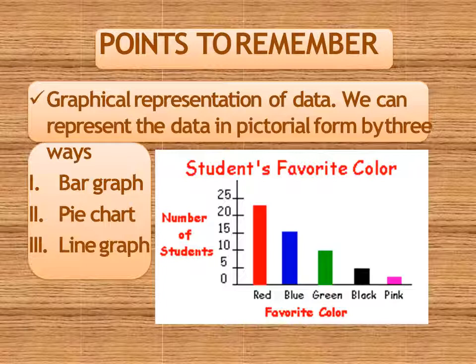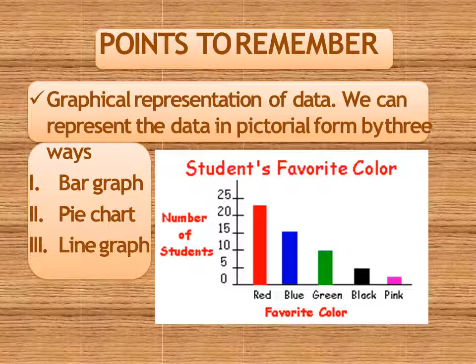So let's have a look here. The students' favorite color. The number of students we have marked 0, 5, 10, 15, 20, 25. Similarly, we have colors also: red, blue, green, black, pink.